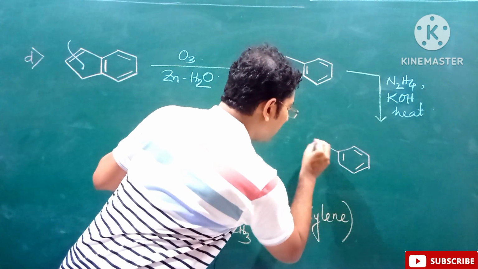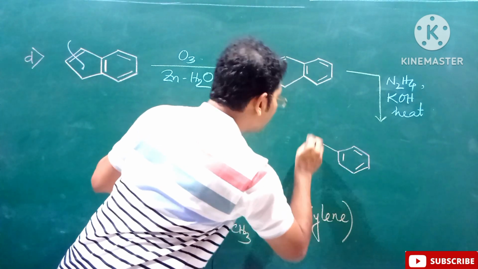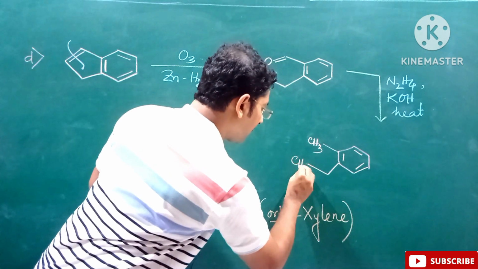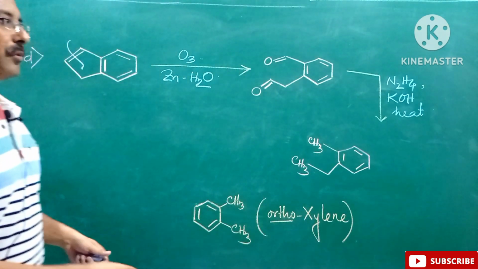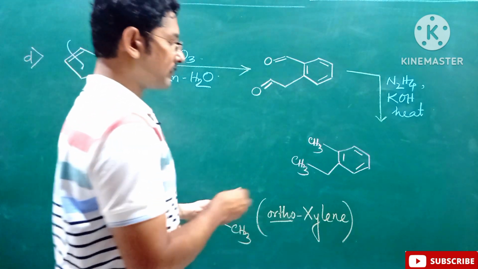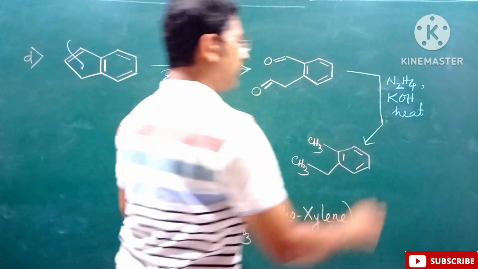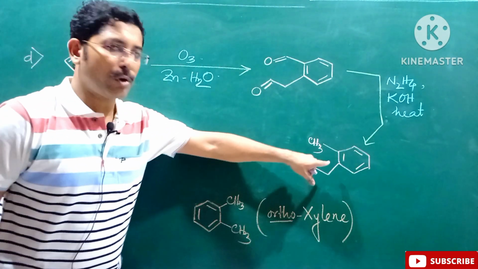So our product will be, this one is CH3, and this one is CH2, then CH3. So of course this one is not orthoxylene.